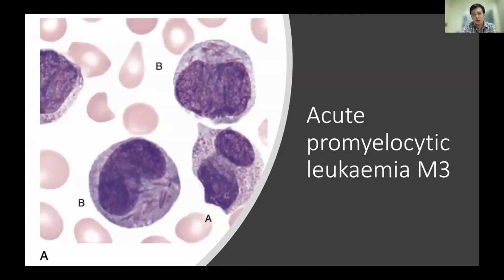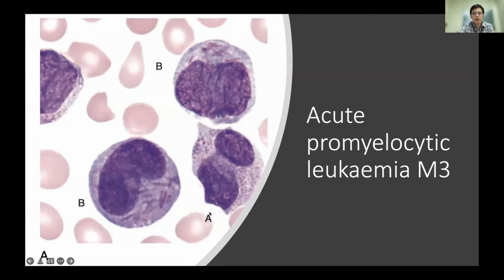So now we use the example of acute promyelocytic leukemia, or M3, as the example for our myeloid cases. This is the classical APML morphology that you will see. The cells labeled as B are what we call faggot cells, where you can see abnormal promyelocytes with multiple rods in the cytoplasm.